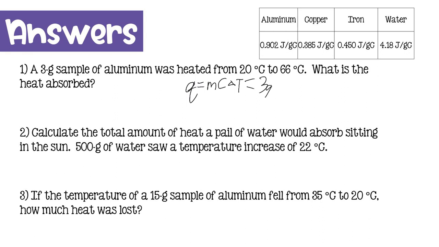We know that the specific heat capacity of aluminum is 0.902 joules per gram degree Celsius. And we know that the aluminum was heated from 20 to 66 degrees Celsius, so delta T is 66 minus 20 degrees Celsius.